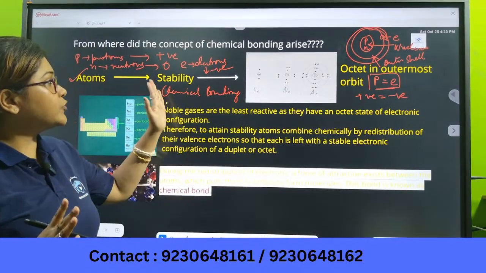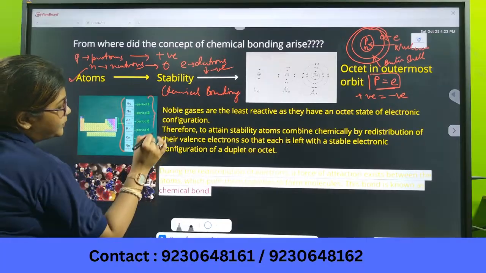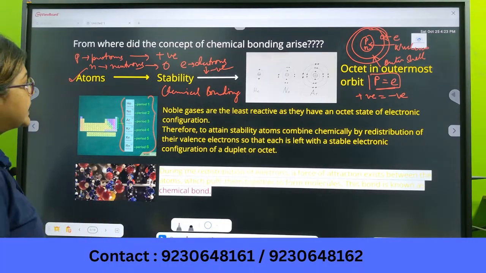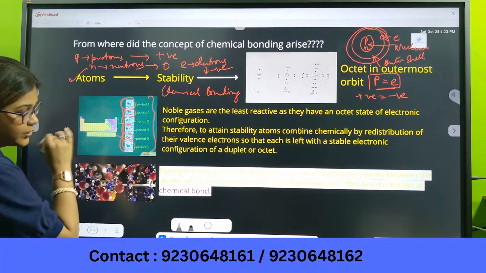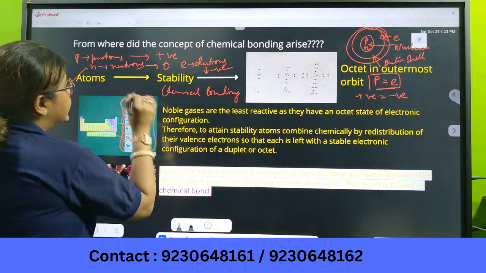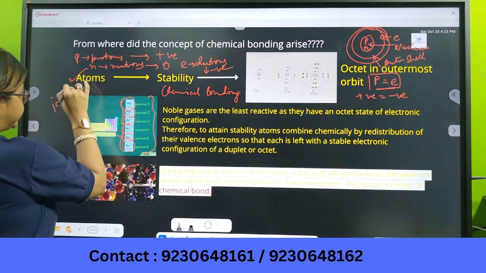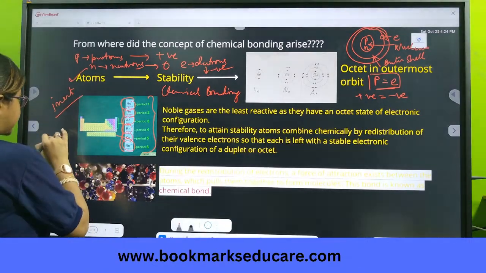But about the periodic table, you have noble gases. These noble gases are helium, neon, argon, krypton, xenon and radon. Now, the noble gases are inert in nature. Why inert? Because of their electronic configuration.